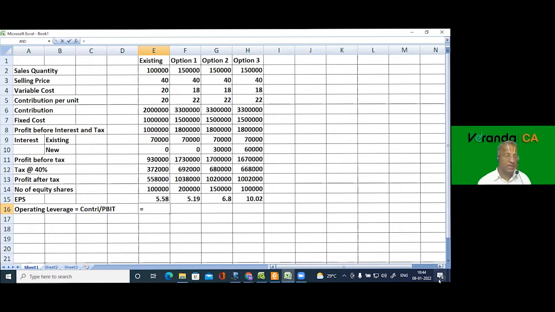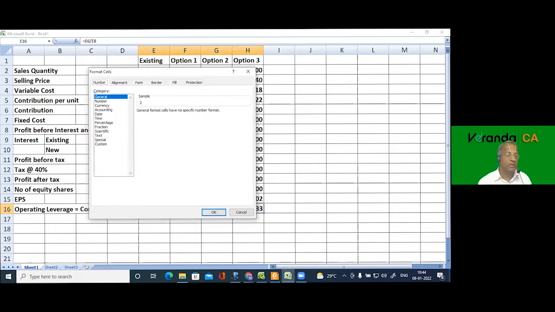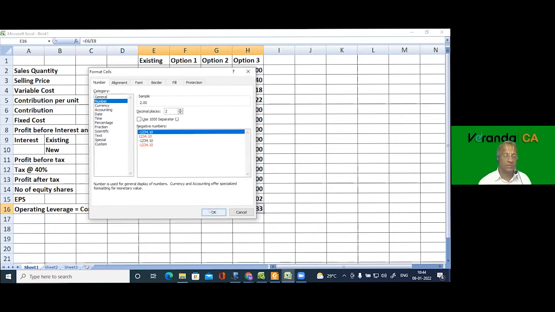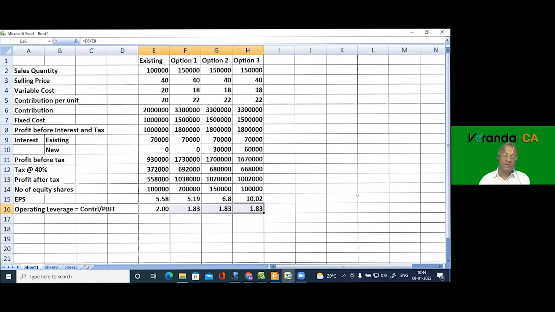Let us just take up contribution divided by profit before interest and taxation. So all these numbers we will put it as with 2 decimals only. 1.83, correct.